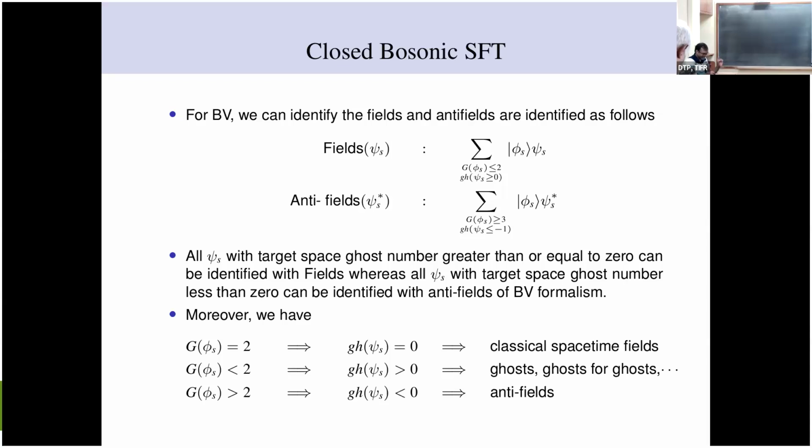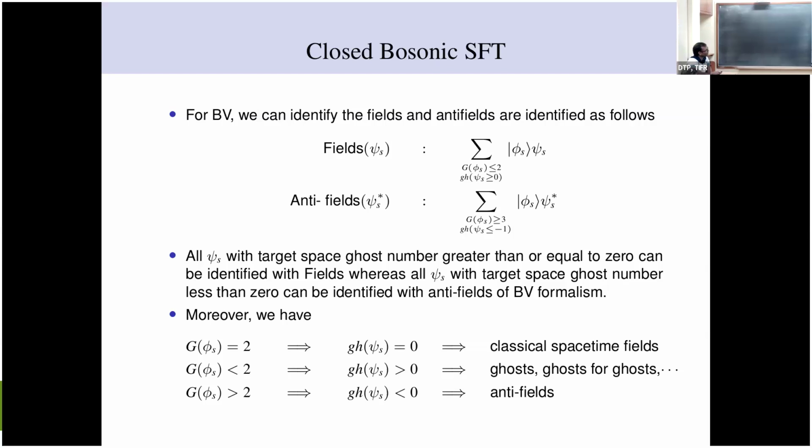For example, if you have this C C bar, that is part of fields. So the physical fields are part of fields. All these target space fields psi, whose Gauss number is greater than or equal to 0, will be called fields of BV, whereas all these psi which have target space Gauss number less than 0 will be called anti-fields of BV.